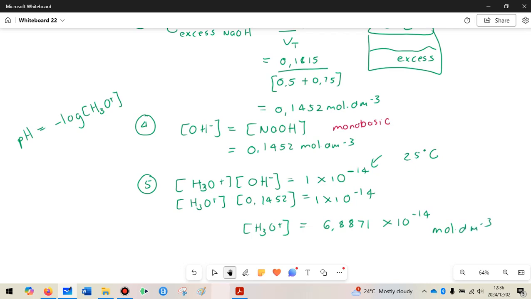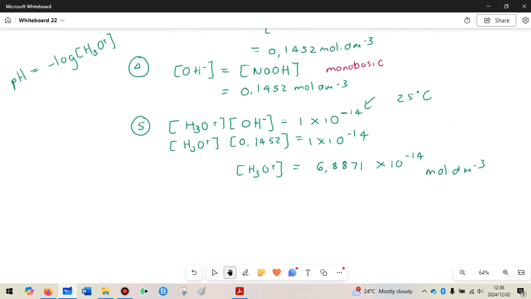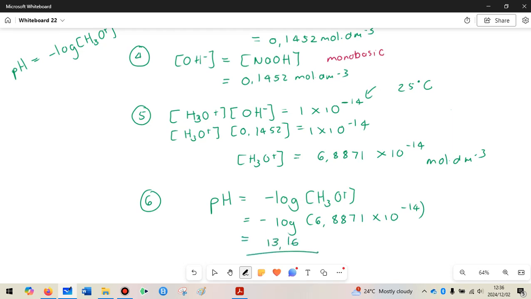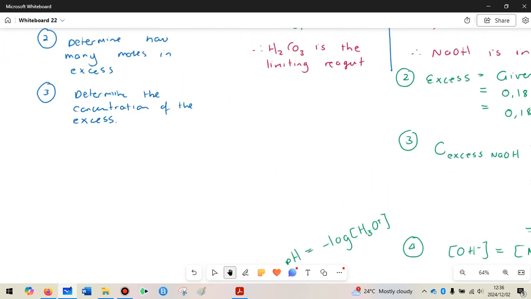Okay, and then finally I can plug that into my pH calculation. pH is equal to negative log of my hydronium concentration, which is negative log of 6.8871 times 10 to the negative 14, which gives me a final answer of 13.16.